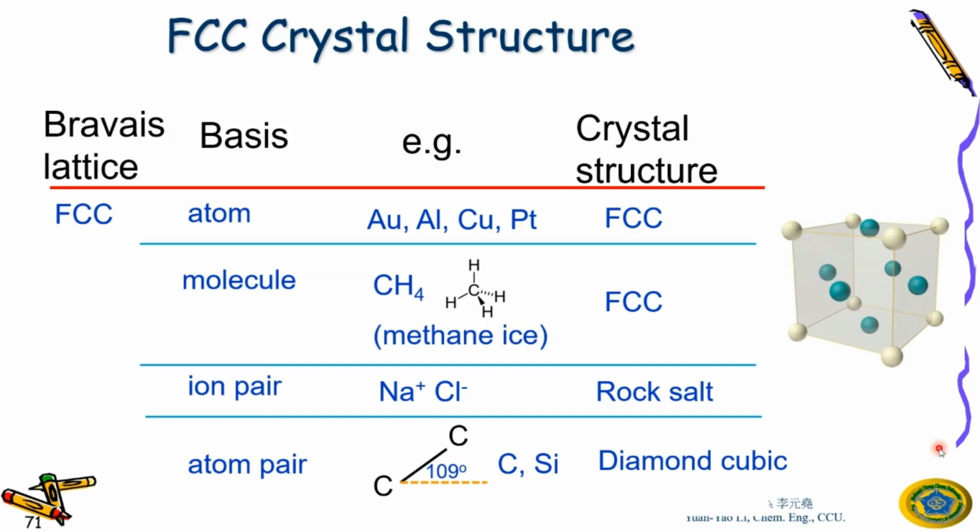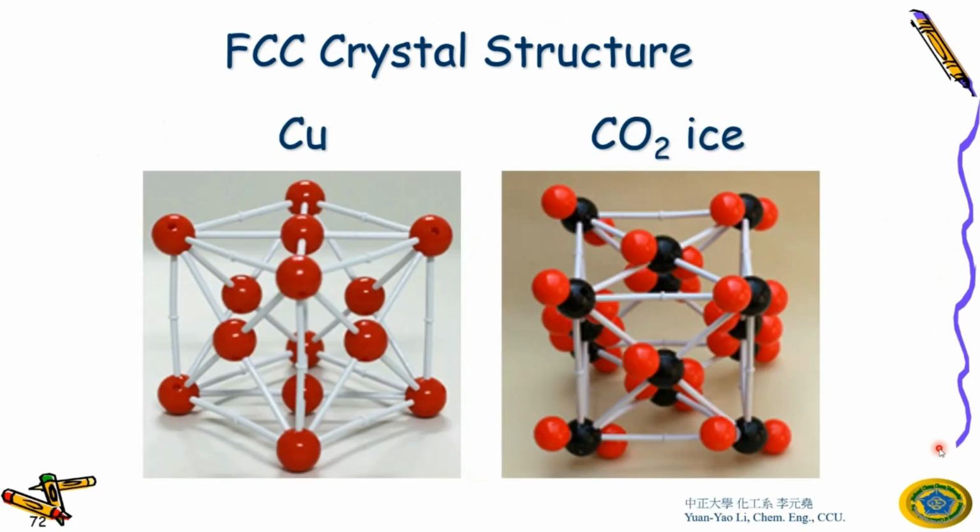Okay, let me show you an example here. In this FCC crystal structure, as you can see, 1, 2, 3, 4, 5 in the first layer, 4 in the second layer, and 5 in the third layer, right? 5, 4, 5 here. Okay, and if you replace the copper with carbon dioxide, what does that mean?